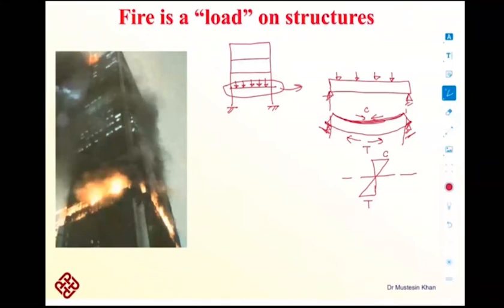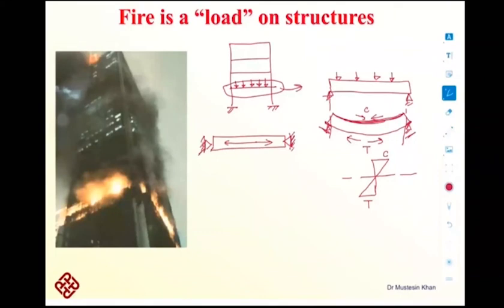You would understand by this similar example, where this is a beam and we are stopping it from expanding in the axial direction. This is its axial direction, and we are stopping it by providing a support at the end.